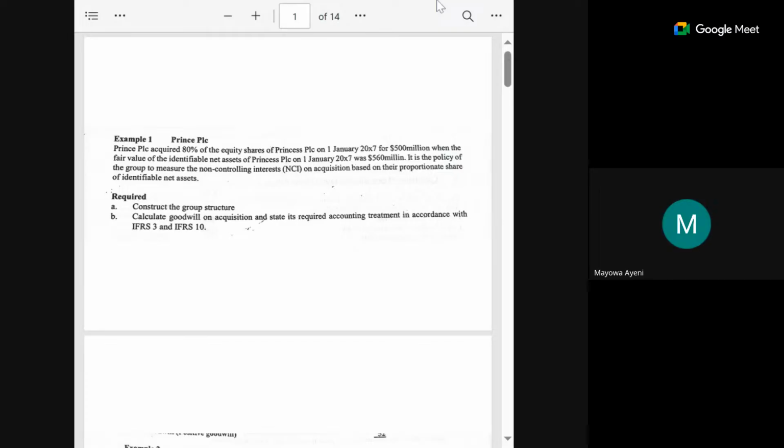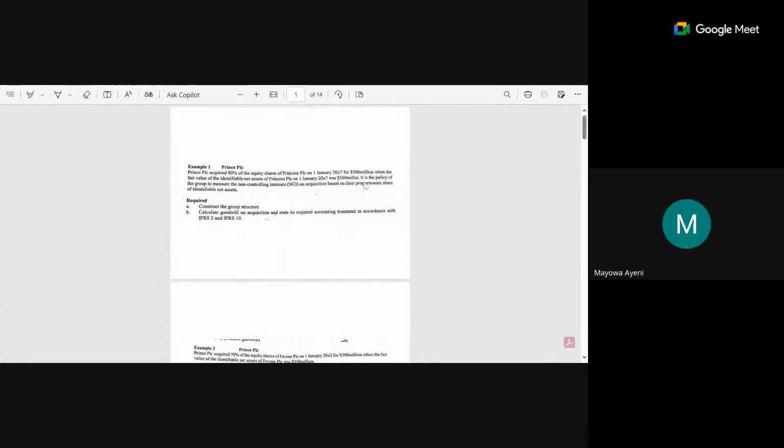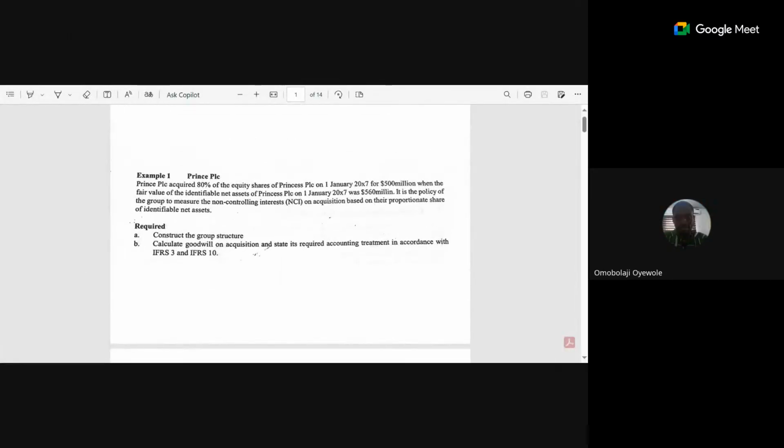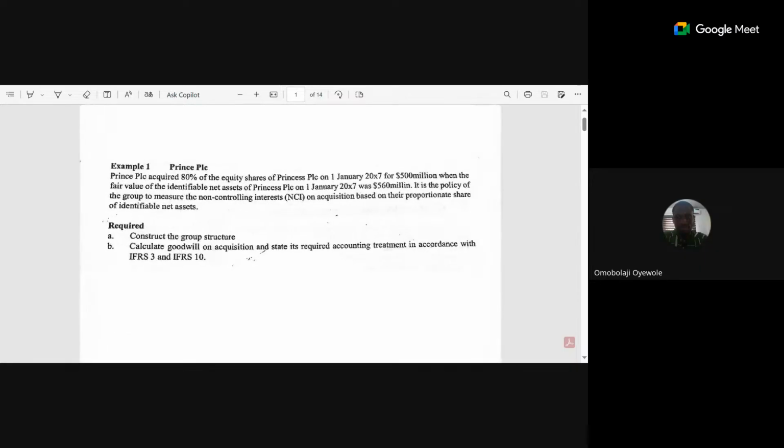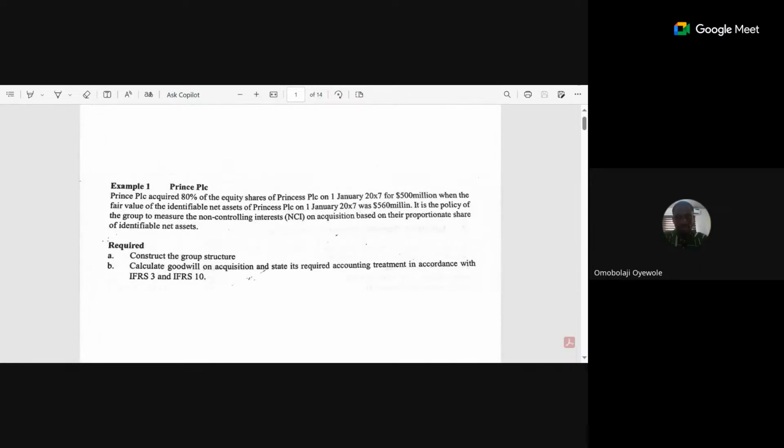Okay, so it said Prince PLC acquires 80% of the equity shares. So 80% of the equity shares. That means, is this a controlling interest or a non-controlling interest? Controlling interest.